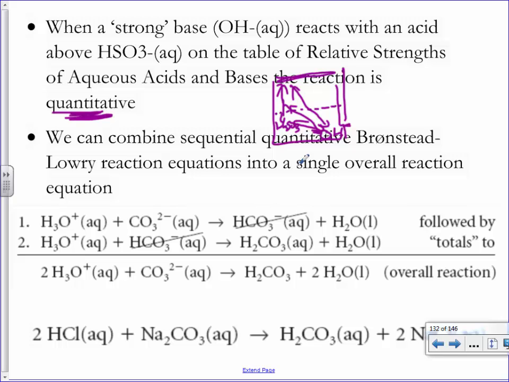Once it takes the proton, it doesn't give it back. You know how there's that whole 2 ants going both directions here? The 1 ant is just too strong. He doesn't let the other ant go the other way. So I don't know whether you maybe want to put a little marker there on your table, but I basically just say for HSO3, anything above that, if and only if it reacts with hydroxide, then it's actually not equilibrium.